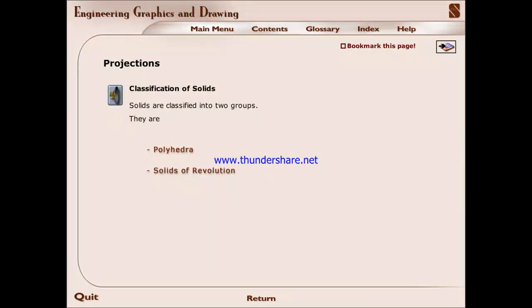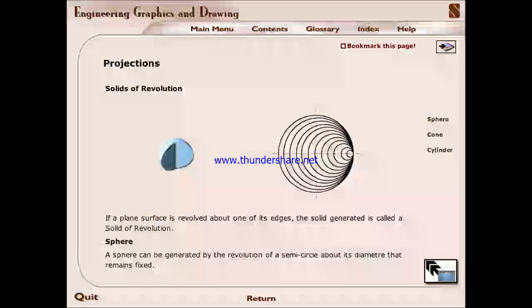Next, solids of revolution. In this, we will define sphere, cone, cylinder. Solids of revolution: if a plane surface is revolved about one of its edges, the solid generated is called a solid of revolution.